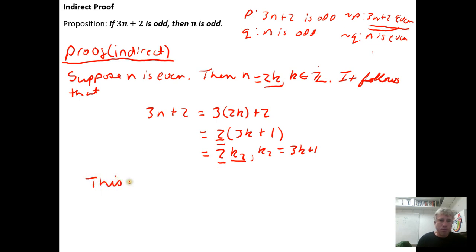This implies that 3n plus 2 is even, which is what we needed to show, as desired.